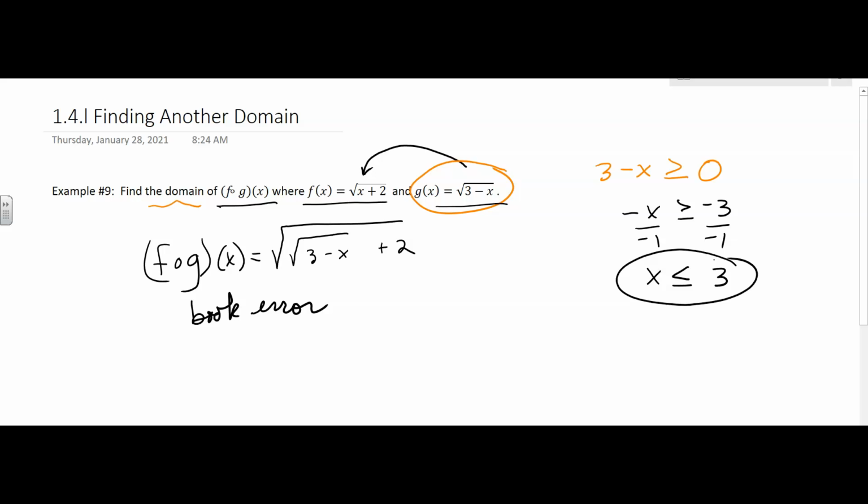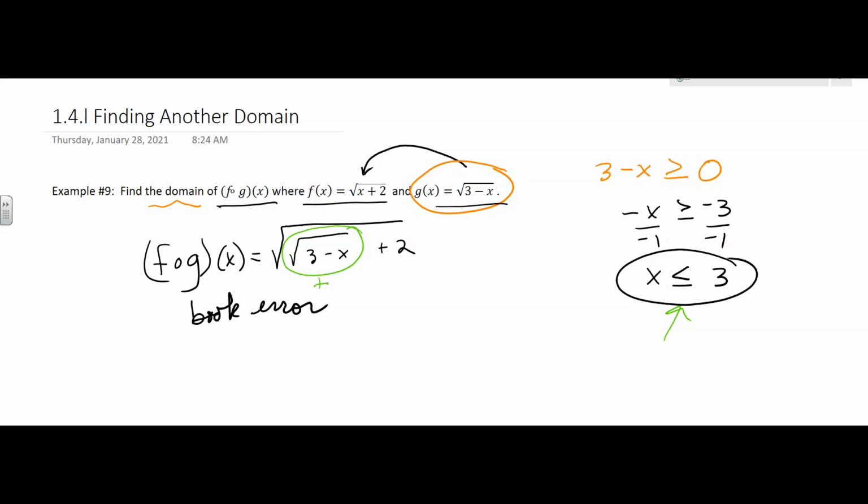Okay, now let's go back and see what that means in the overall function. So right here, if I'm putting in numbers that are less than or equal to 3, following the domain I've already established, I'm always going to get out a positive number here, right? So we set it up so that you could take the square root of whatever x is according to our restriction. If it's a number less than 3, you're going to be able to take the square root of that.